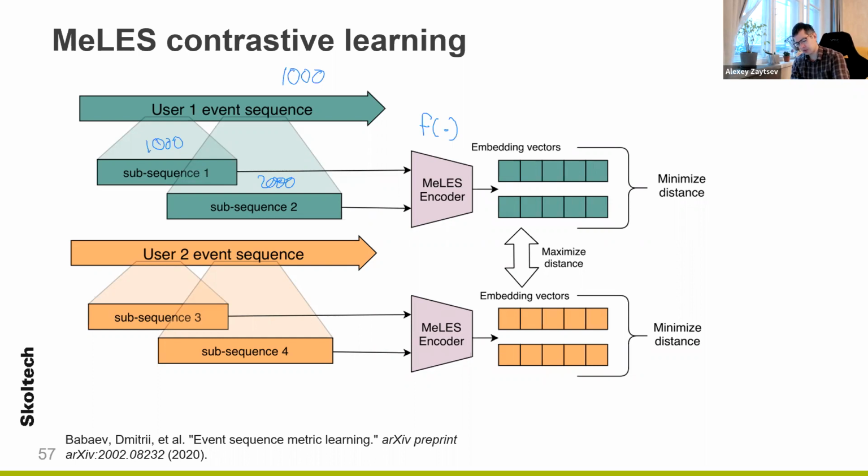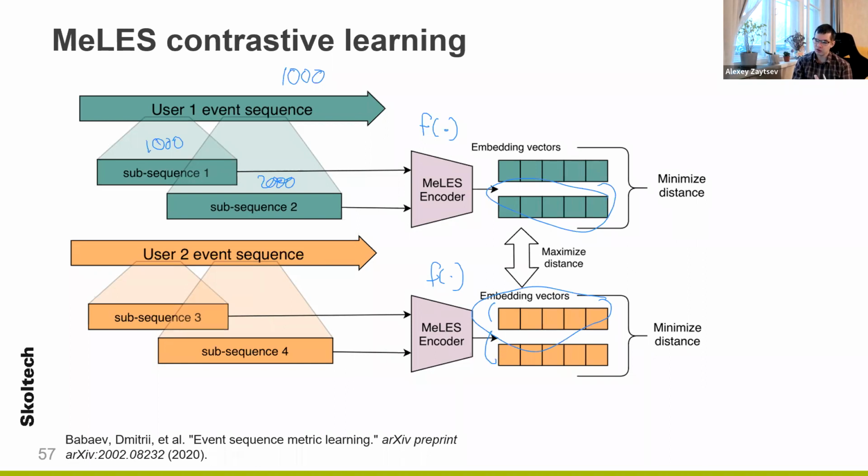Okay, but we can do the same steps for different customers and obtain embeddings for a different customer with the same encoder model. And we have two embeddings here, and they also should be close to each other. And also in our contrastive loss approach, we want the distance between these embeddings and these embeddings to be as large as possible.